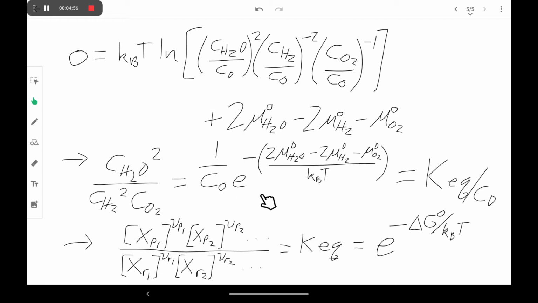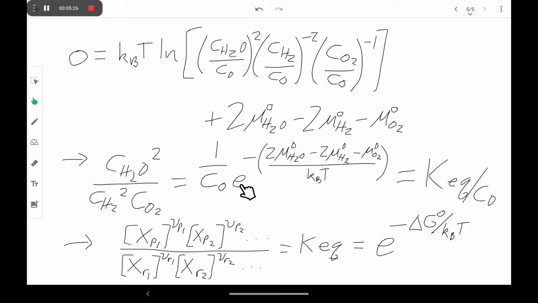Now we have this ratio of concentrations raised to the power at which they appear in the chemical reaction. This stuff over here is dependent solely on the mass of the particle, the internal energy of the particle, and other constants that are functions of temperature. And then we have the thermal energy.